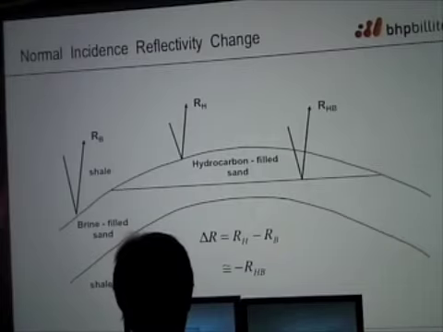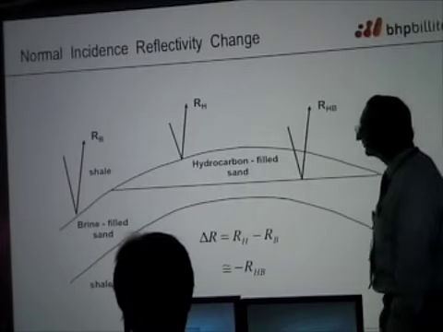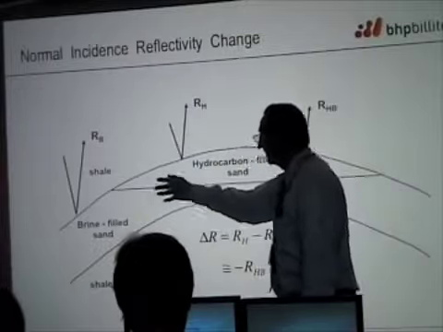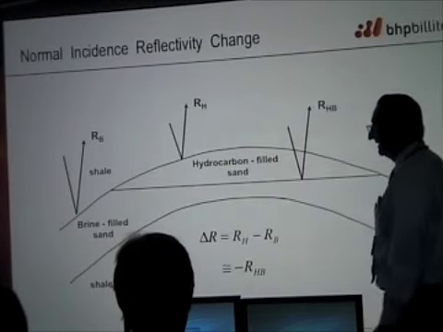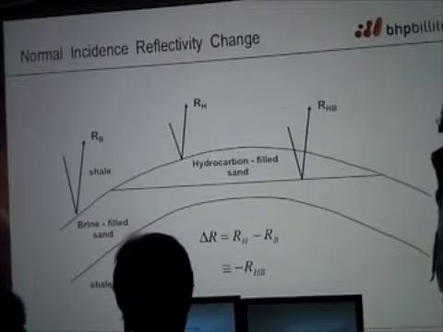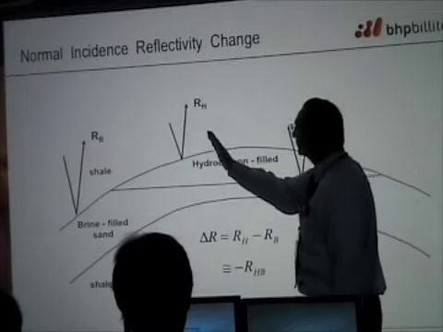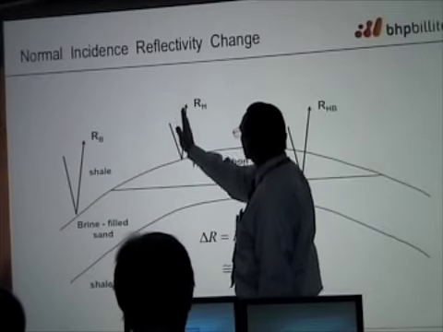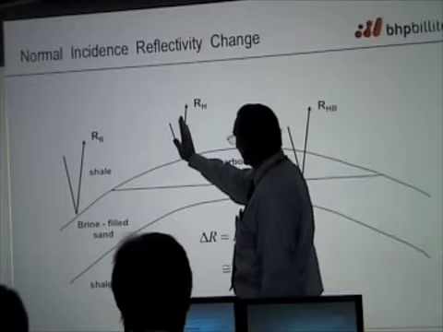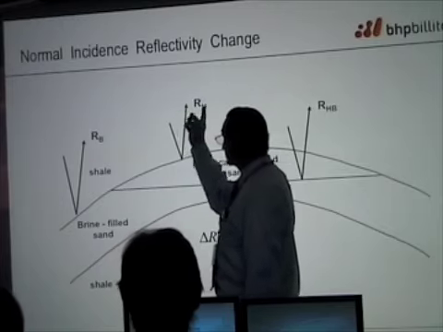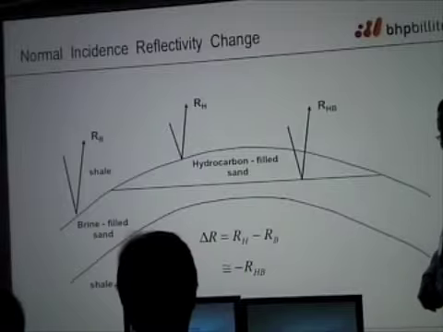Let's talk about what that simple expression results in. Suppose I have my nice hydrocarbon-filled sand up here at the top, and down the dip I have a brine-filled sand. There's a lot of things we might be interested in, but suppose we were able to get a measurement of the reflection coefficient at the top of this reservoir, over here where there's hydrocarbon, and we'll call that R sub H, and another one down dip from the same stratigraphic unit where it's brine filled.